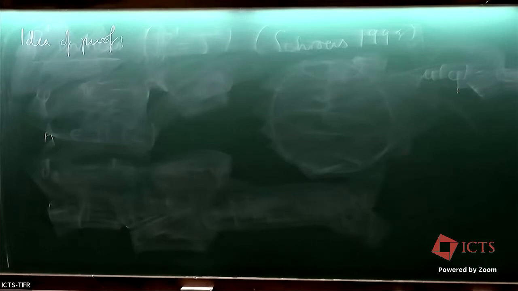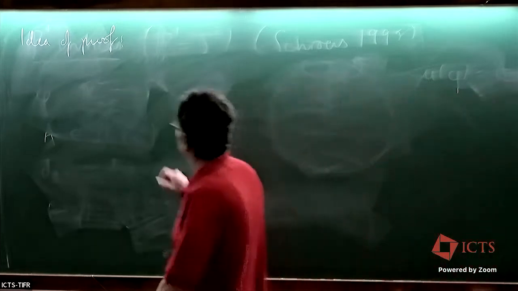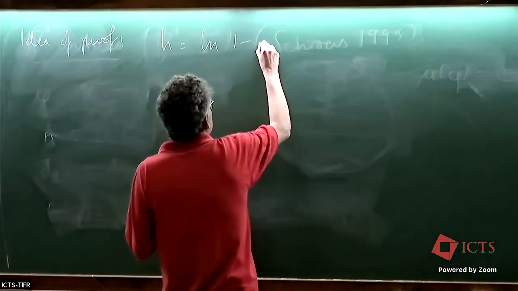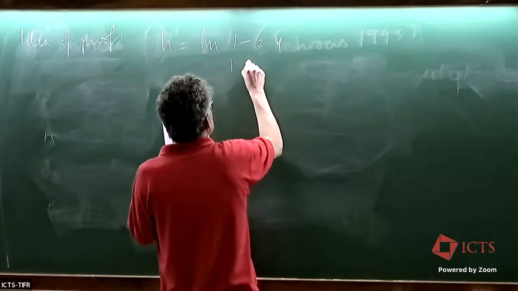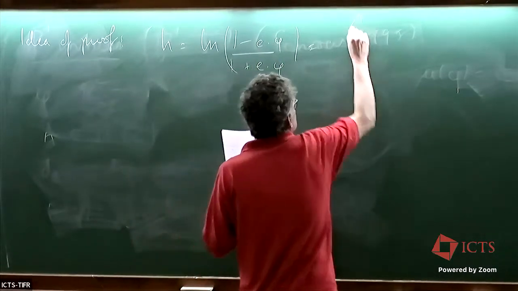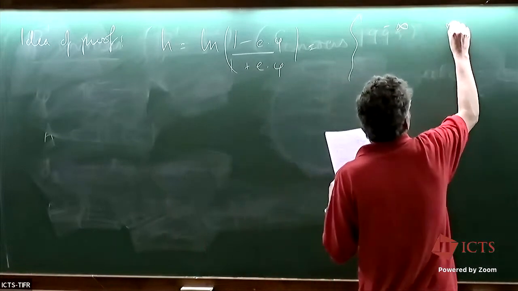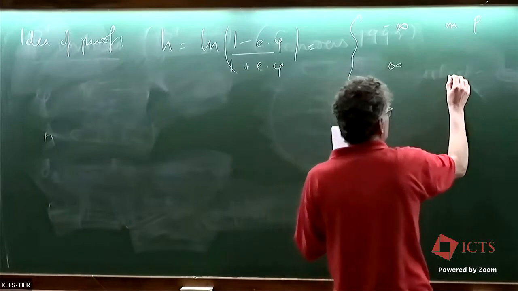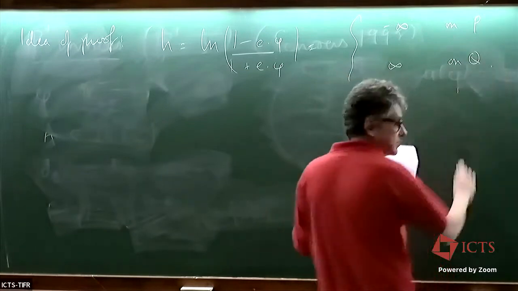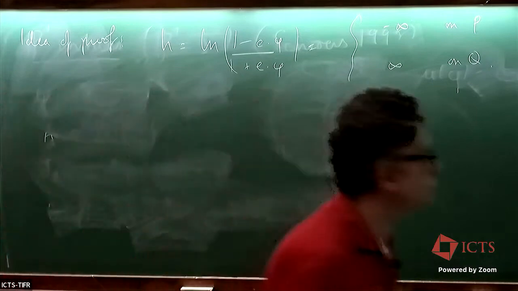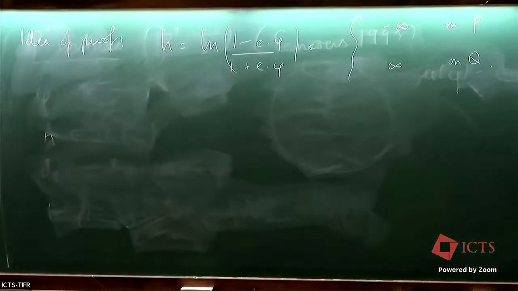But the price of doing that is that we have to introduce delta functions on the right-hand side of our PDE. Okay, so what we do is we define this quantity here, the log of 1 minus c dot phi over 1 plus c dot phi. And we note that that equals minus infinity on the plus divisor and infinity on the minus divisor, right? So this is on the plane.